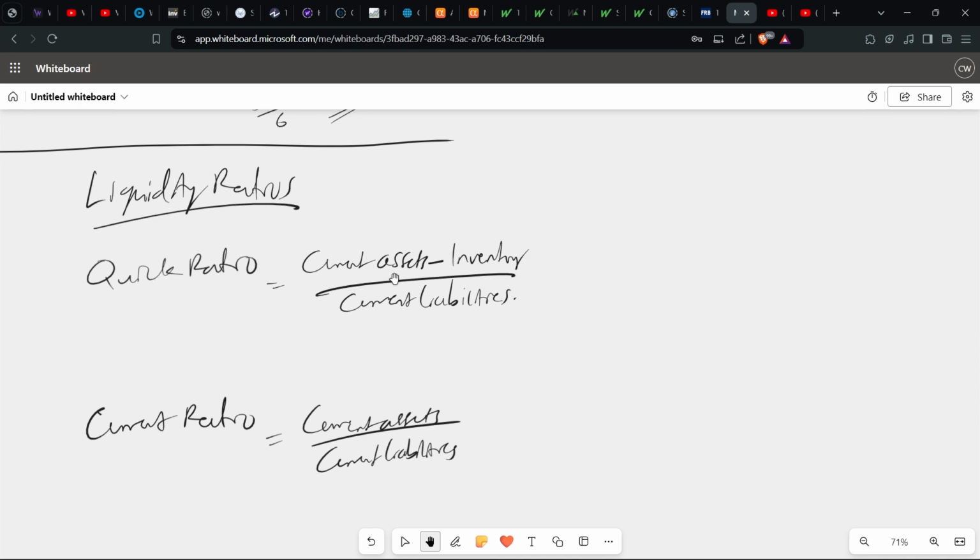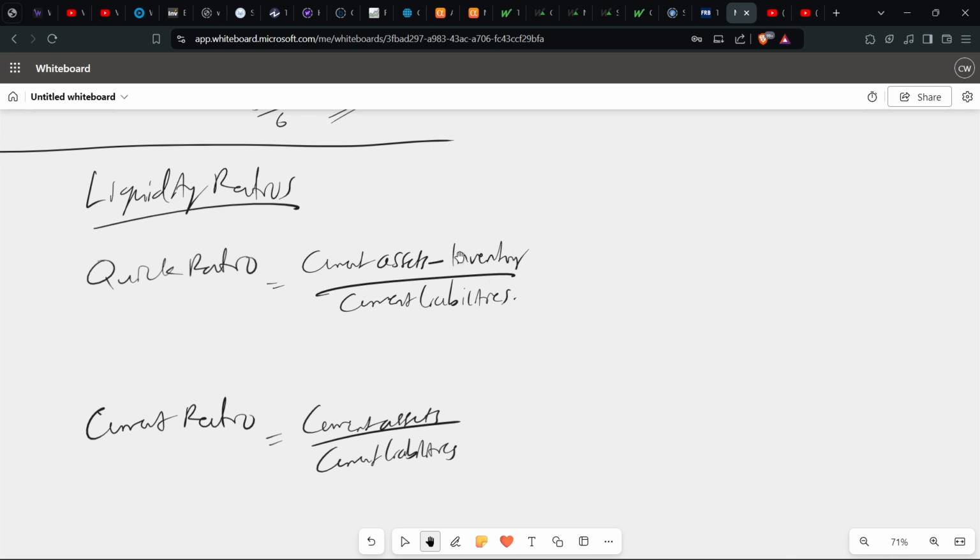This is the current assets minus inventory divided by the current liabilities, right? Essentially, this ratio tells you the company's capacity to pay its current liabilities without needing to sell inventory to obtain additional financing, right?